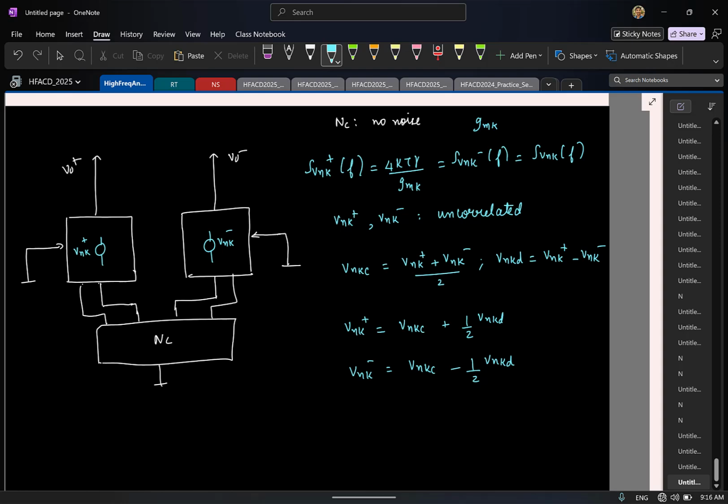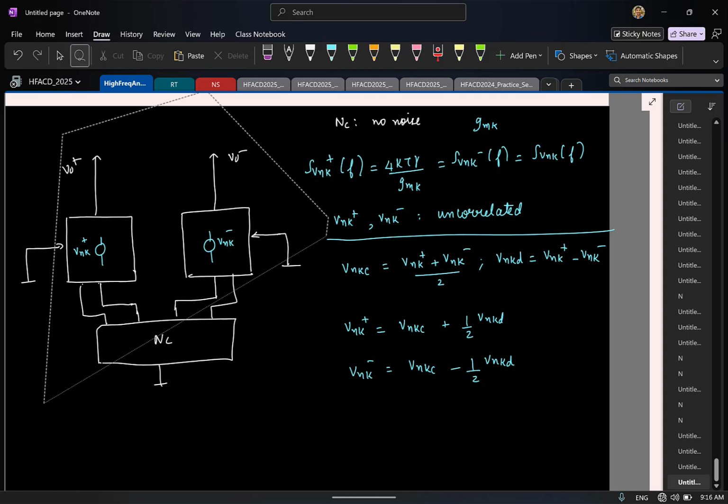The noise mechanism in the first MOSFET and the noise mechanism in the second MOSFET have no relation. So they are nicely uncorrelated like this. Cool. So now let's continue the calculation.